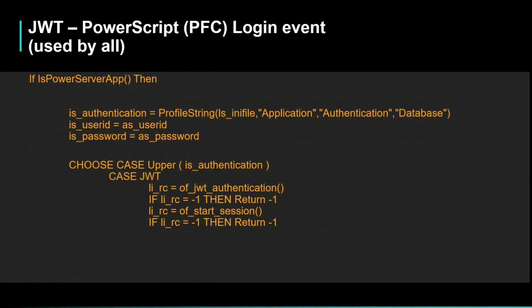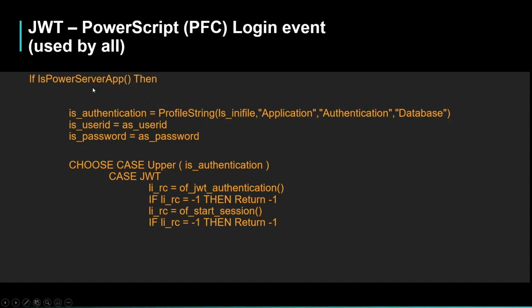Okay, this is the login, and this is PFC based again. Here's where I'm reading that INI file to figure out what my authentication method is going to be. You wouldn't necessarily have this; you would already know which authentication method you're going to use.